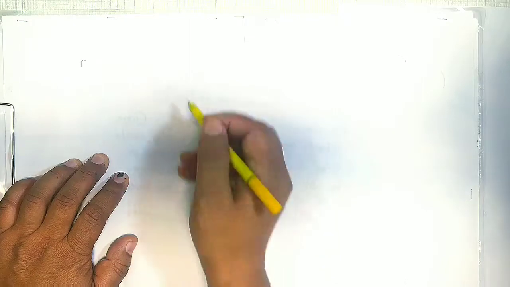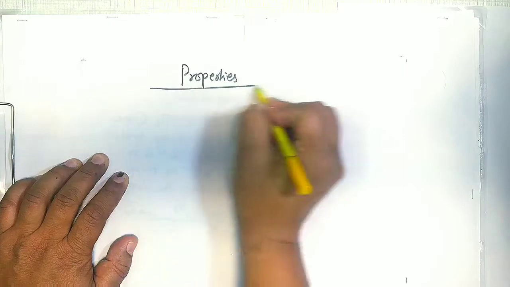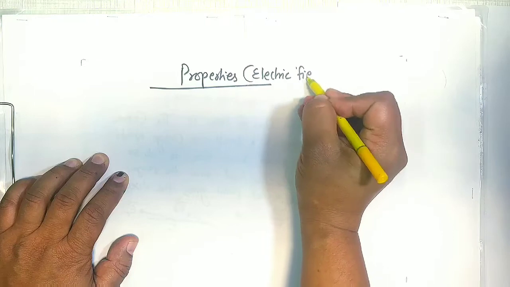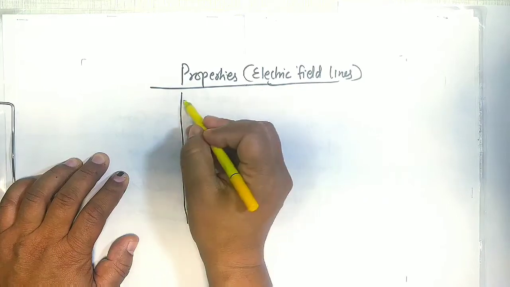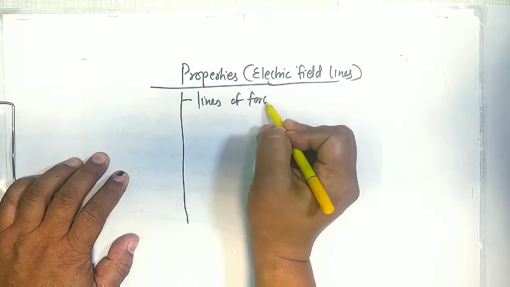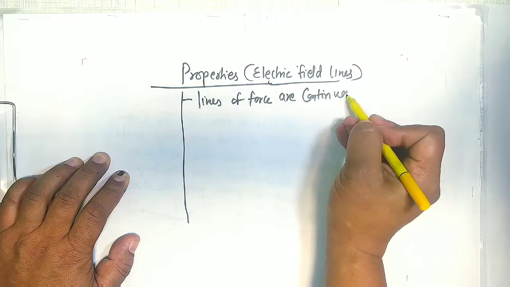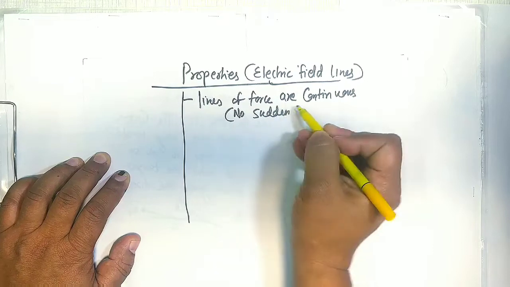Now electric field lines have some properties. What are the properties? One by one we can discuss. One is that lines of force are continuous. They don't have sudden breaks. There can be a question on this also.